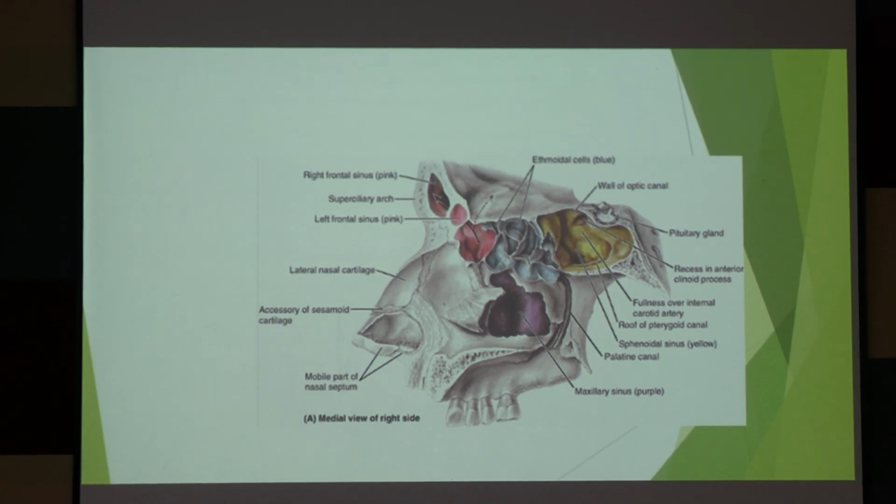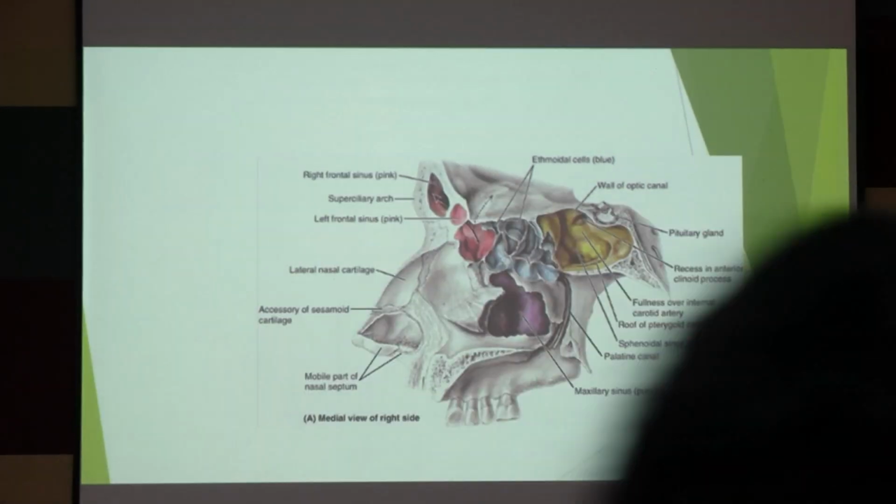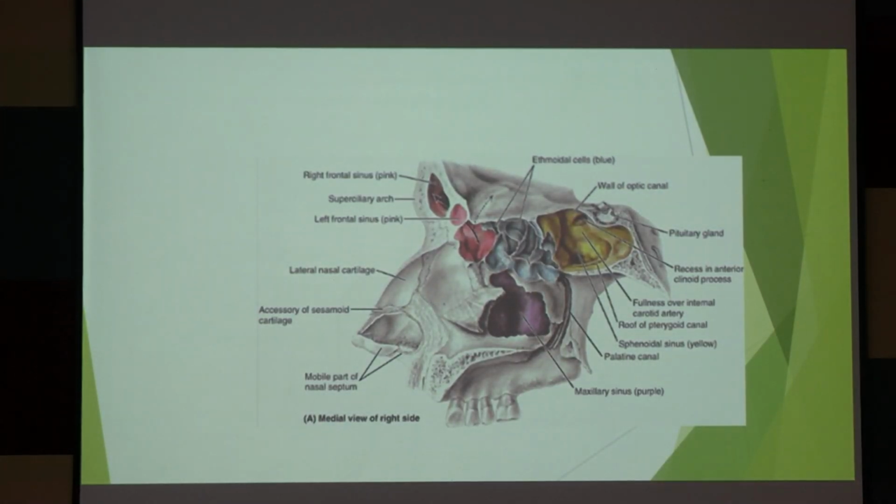It is formed by part of the maxillary bone and part of the palatine bone, posteriorly palatine bone, right? What is this structure? I told you this is the pterygoid plate, okay? This is the posterior wall of the maxilla. So this space is known as pterygopalatine fossa, okay?